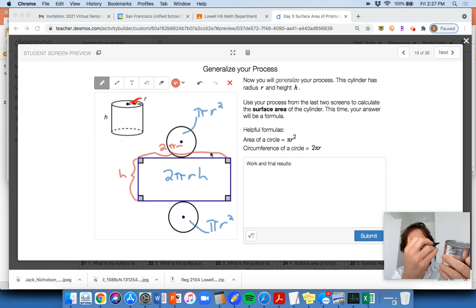So this is height h. There's my height, bigger h. The defining dimensions of a particular cylinder are its radius of the base and the height of the cylinder.